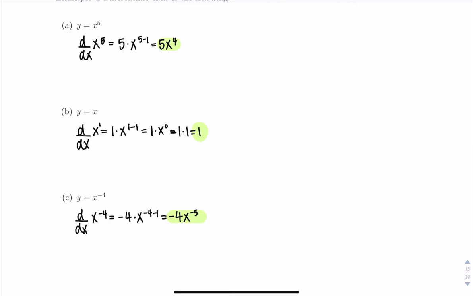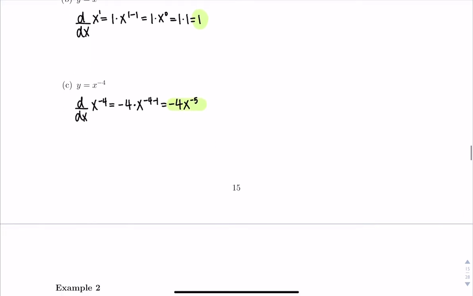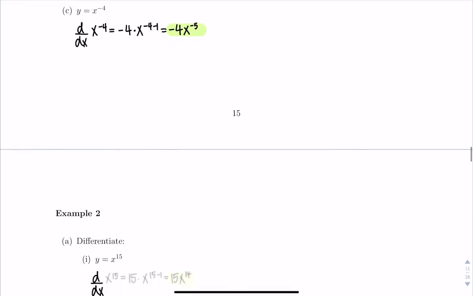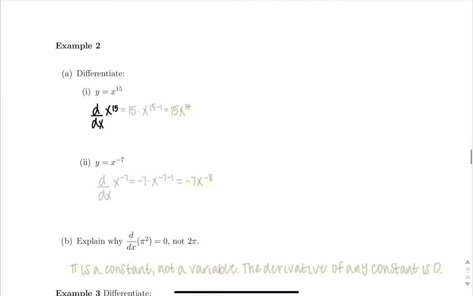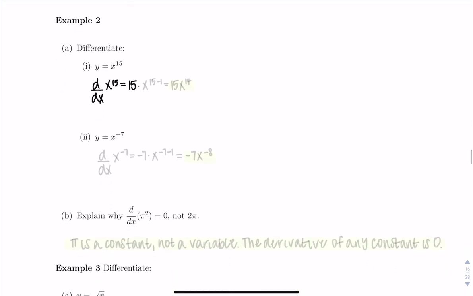Let's go ahead and try 2 more. Same idea. So the derivative with respect to x of x to the 15th is 15 times x to the 15 minus 1, or 15x to the 14.